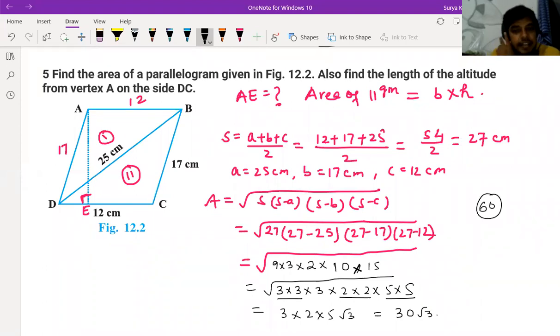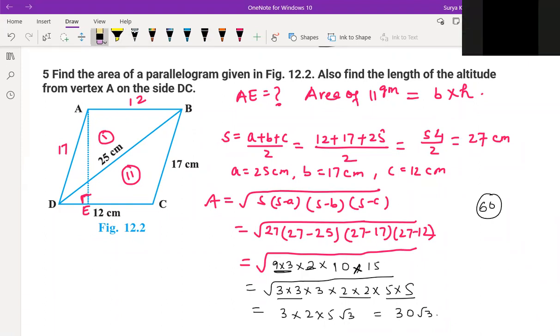I've written 27 as 3 and 9 into 3. 27 minus 25 is 2. 27 minus 17 is 10. 27 minus 12 is 15, right? Till here I did it correct. It's not 5 into 5, it's 5 into 3, 15. Yeah, 5 into 3, you are right.